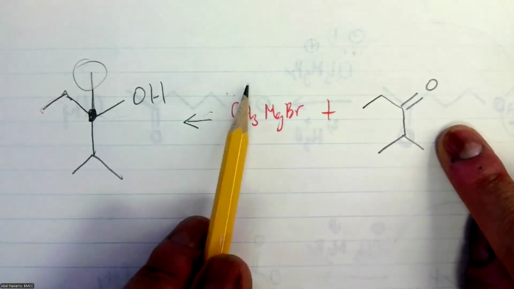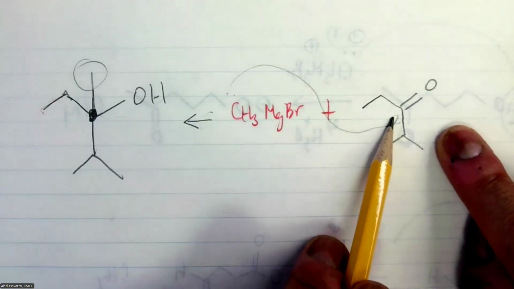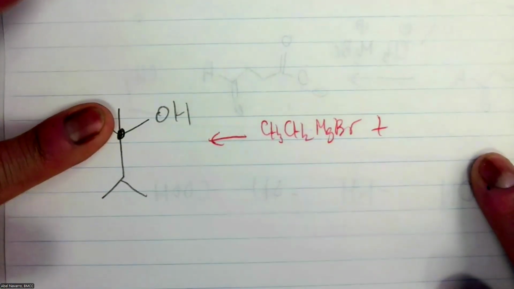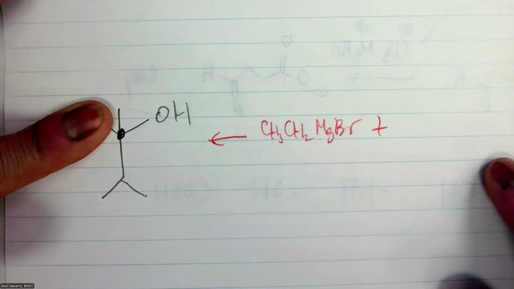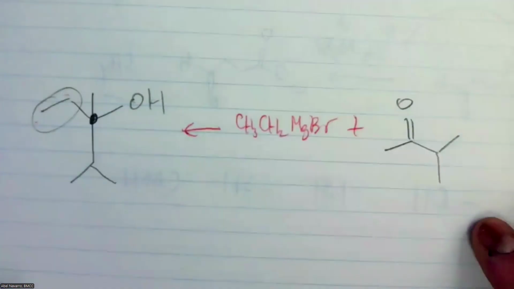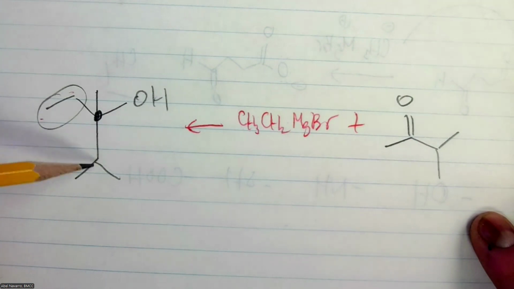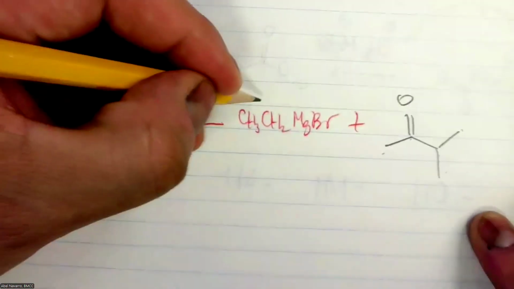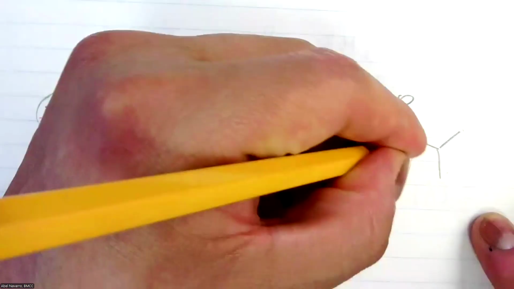Why? Because that is where the Grignard will attack. If this one is my Grignard, this one is gone. Now this one should be my ketone. What is left? Here. So my ketone would be that: 1, 2, 3, 4, 5, and 1, 2, 3, 4, 5. Because the Grignard will attack right here.